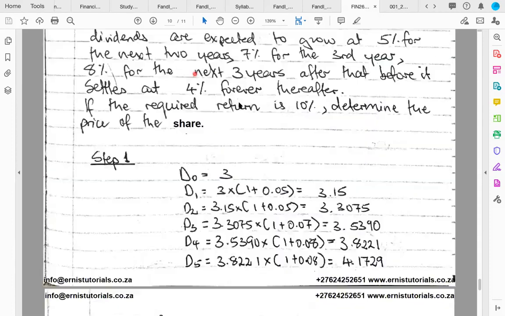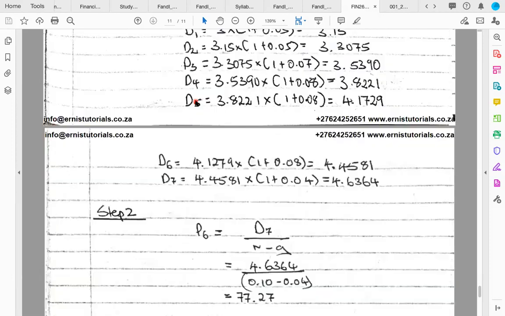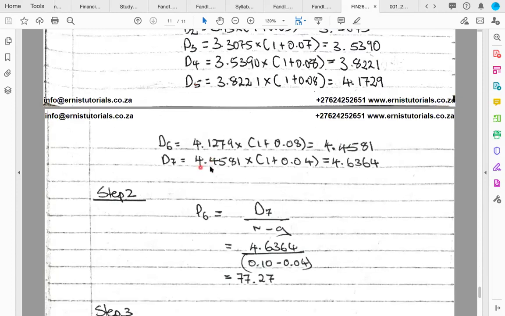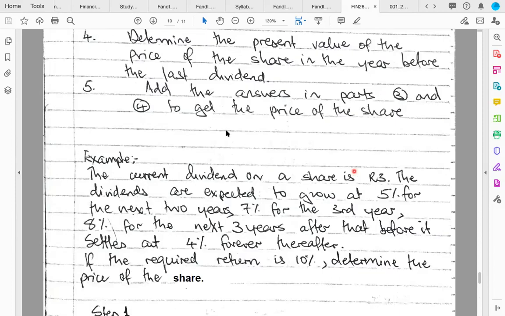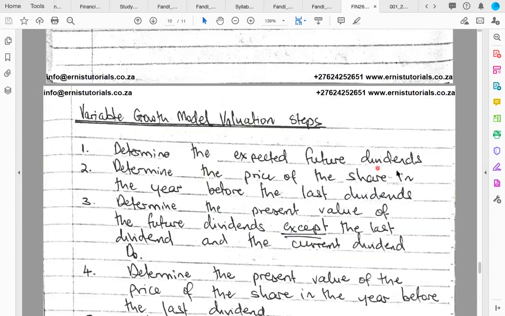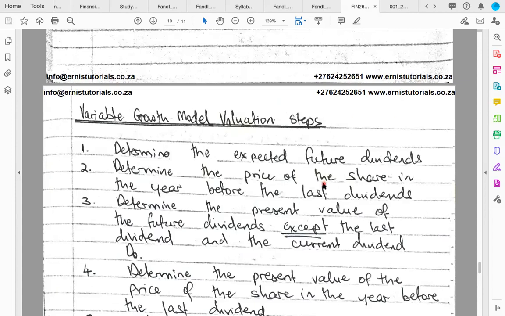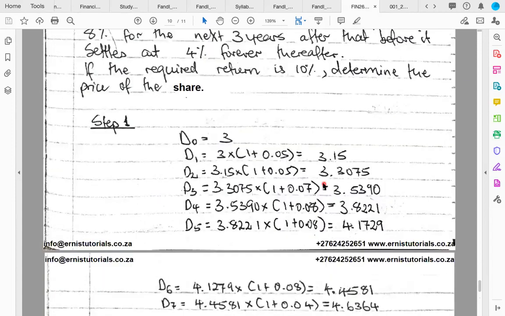And then lastly, we are told the rate will settle at 4% forever thereafter. So we say 4.4581, that's D7, the final one, multiplied by 1 plus 0.04, giving us 4.6364. So that's the first step, determine the expected future dividends. Then the second step, determine the price of the share in the year before the last dividend.